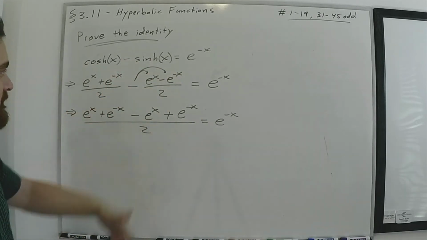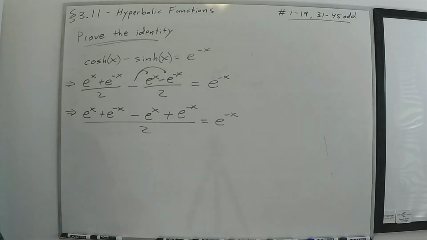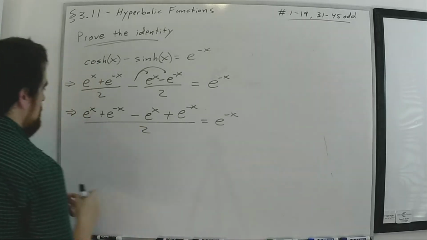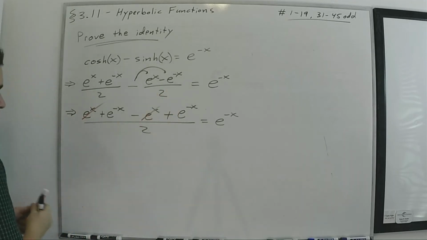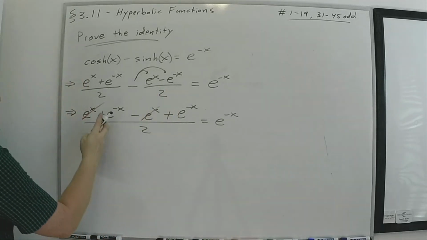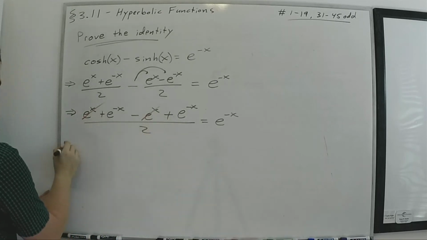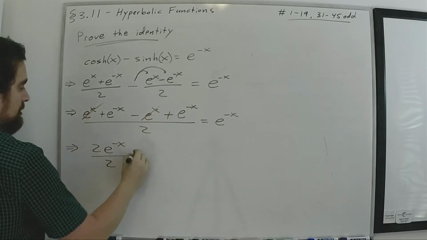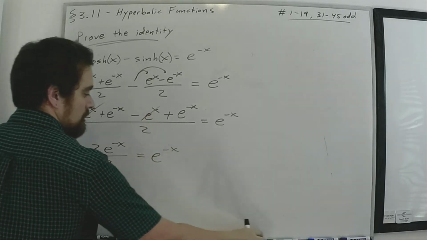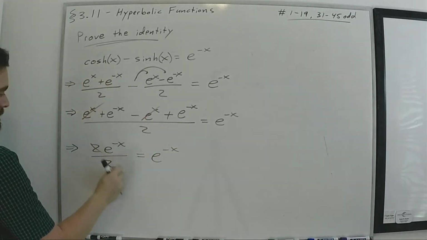And then the half's just sitting there. So we've got e to the x, but then we're subtracting e to the x. So those cancel each other out. I have e to the negative x. I add another e to the negative x. I now have 2 e to the negative x's over 2. And we're home free.